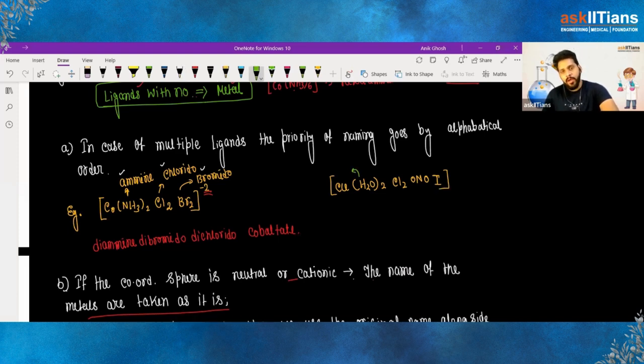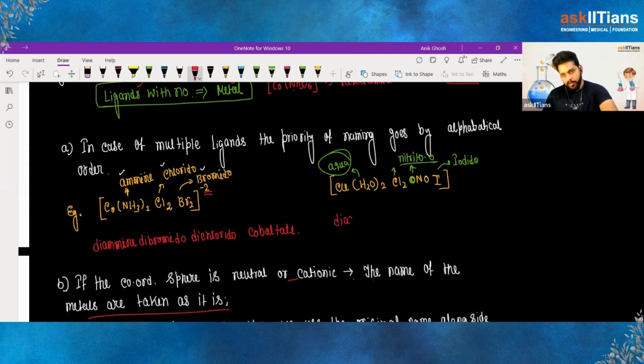H2O is aqua. I hope you haven't forgotten it. Cl is chlorido. ONO is nitrito-O, because you can see the connecting atom is O. O is written first. If the connecting atom was N, I would have been writing NO2. I'm writing ONO, which means O is the connecting atom. I is iodido.